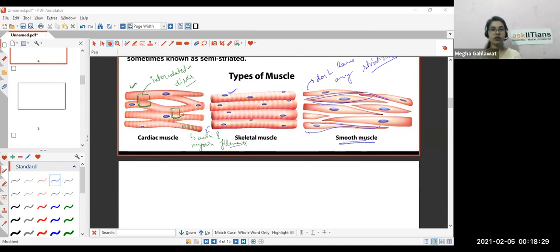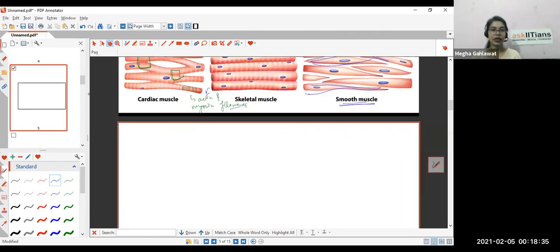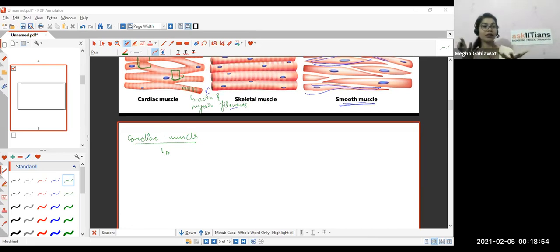So starting with these cardiac muscles, first of all, I'll start writing right here. We have the cardiac muscles. These cardiac muscles are the ones responsible for the beating of the heart, and there is only one particular place in the body where these cardiac muscles are found.